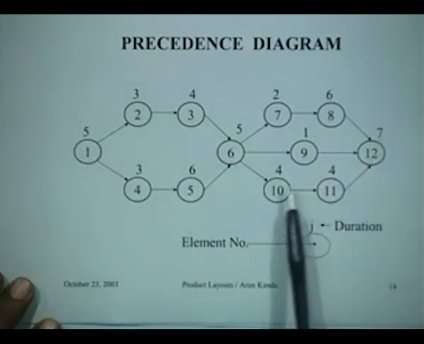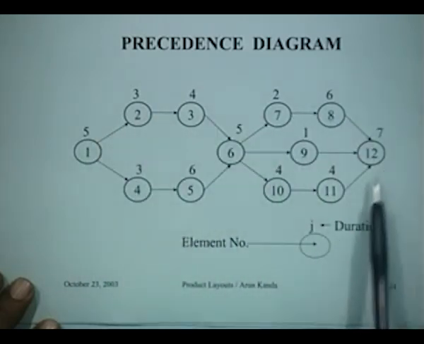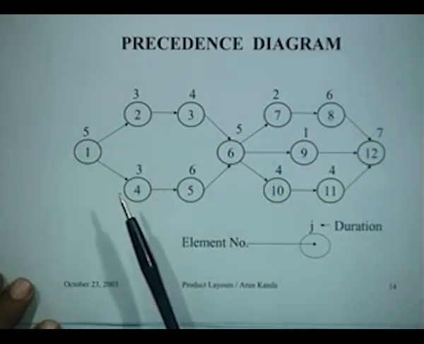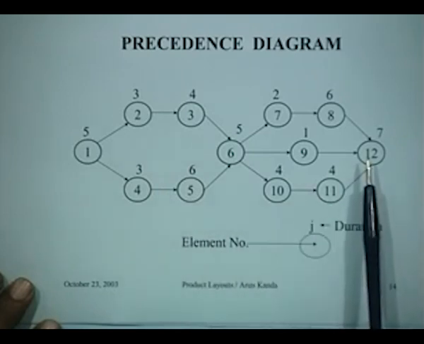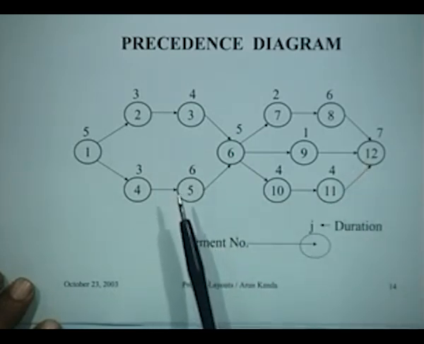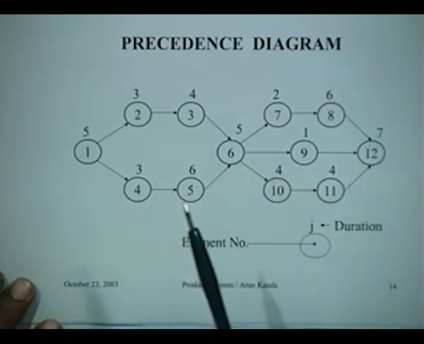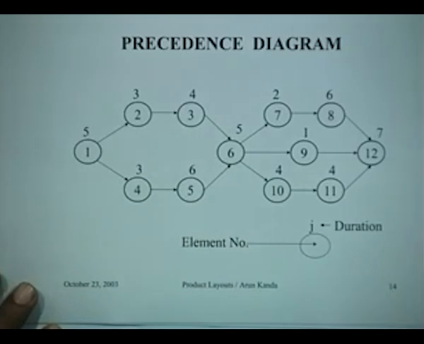And what is the total time required for all the operations? That would be the sum of the times of all the operations, which is 50. So clearly any assembly line for this precedence diagram will have a cycle time which will range between 7 and 50. So this defines the limits on the cycle time for any design.